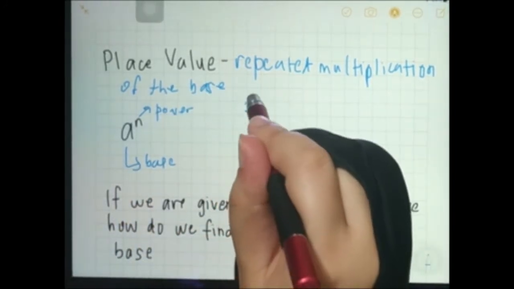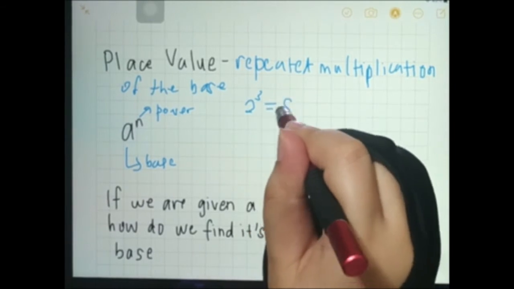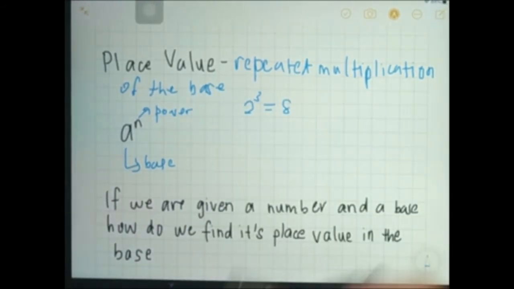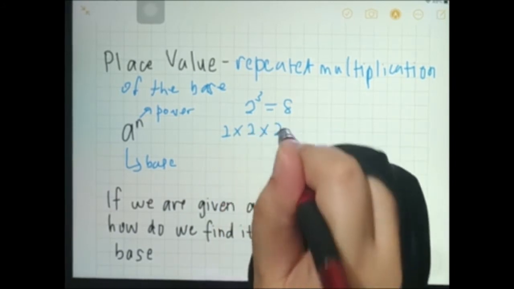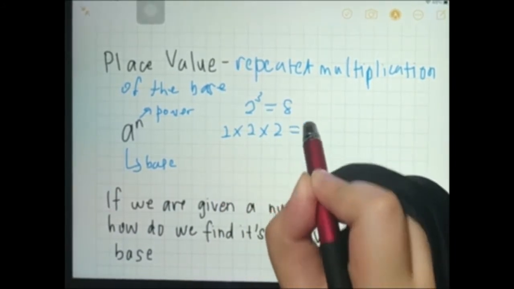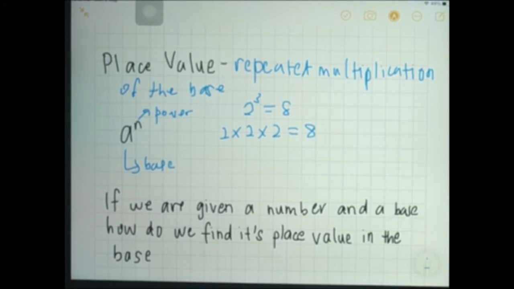Like 2 to the power of 3 equals 8. Why does it equal 8? It's because we repeat multiplying 2, 3 times. 2 times 2 is 4. 4 times 2 is 8. So that's why we get 8.